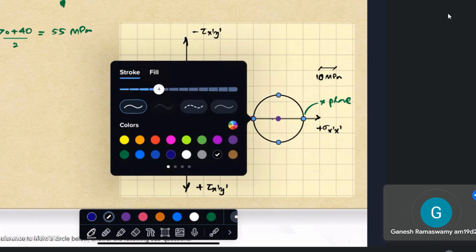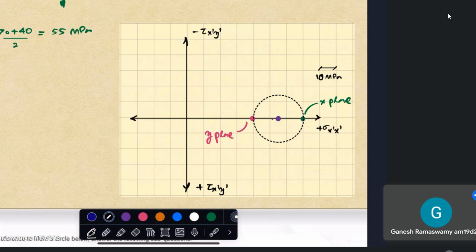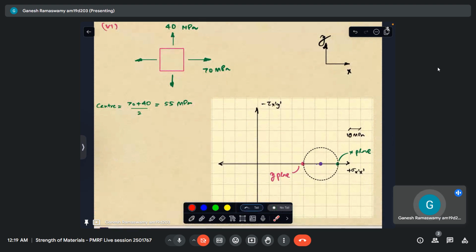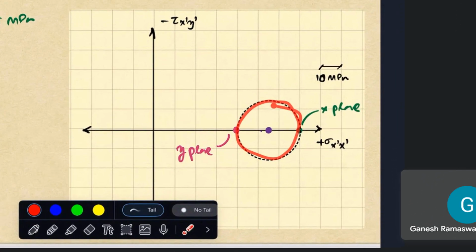So in this case, we know that when there are no shear stresses present, the normal stresses basically intersect the axis here, and it can be seen from this circle. So at this point, there is no stress that can be more than this.